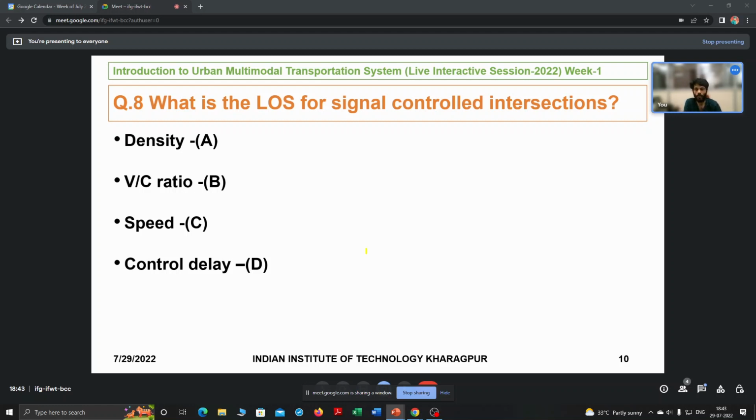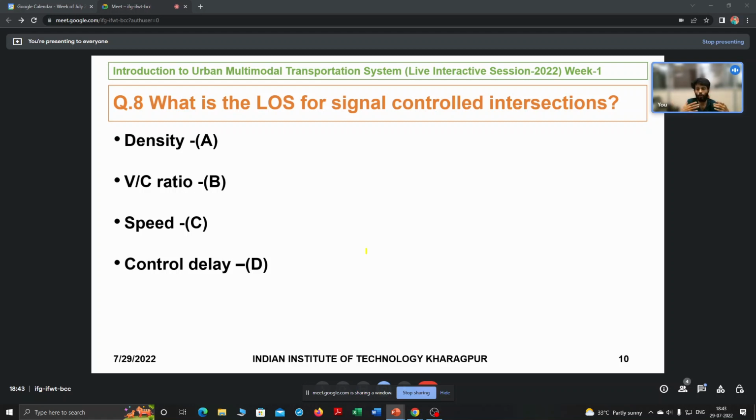So is it the V by C ratio? What is V by C? V is volume. At a particular time, say 9 to 9:15, within those 15 minutes, what is your volume? And what is your capacity? Capacity is the maximum number of vehicles that can cross a particular section in 1 hour. It is also related to congestion, right?